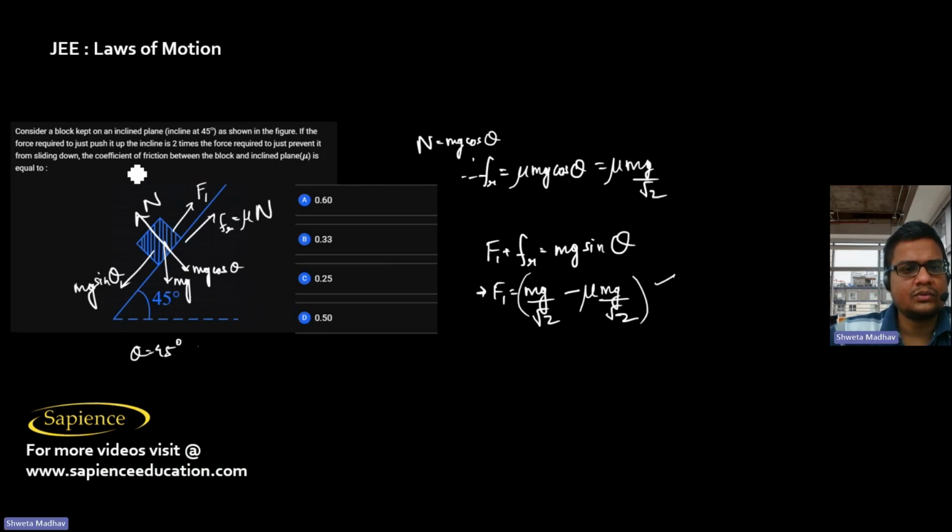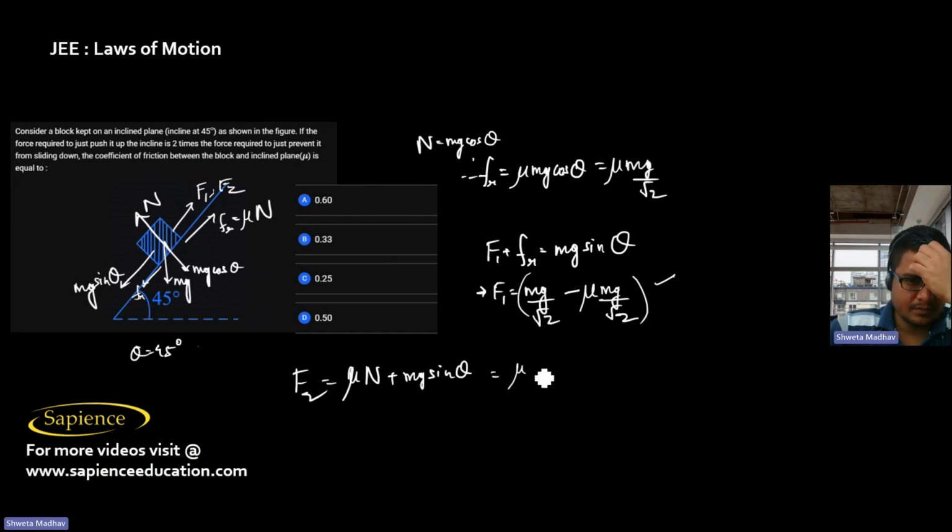The force required to push it up the incline: if it is pushed up the incline, then the friction will act downwards. Then F2 will act upwards. Then we will say F2 will be equal to friction, that is mu into n, plus mg sin theta.